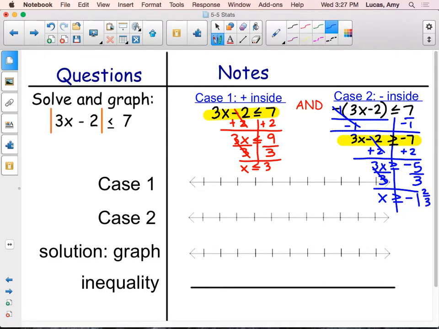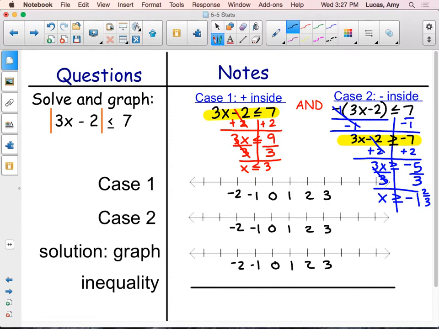All right, so my number lines, I need to have, let's say, negative 2, negative 1, 0, 1, 2, and 3, because negative 1 and 2/3 is in between negative 1 and negative 2. Okay, so my red ray is less than or equal to 3.